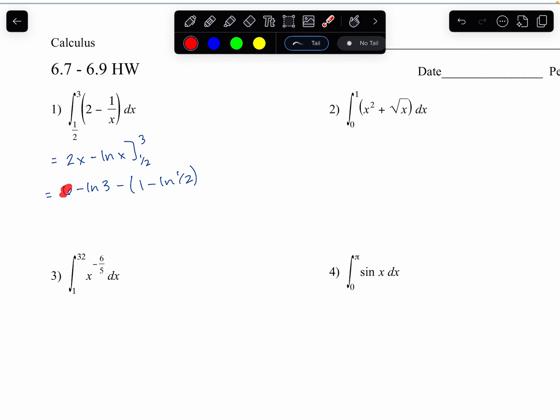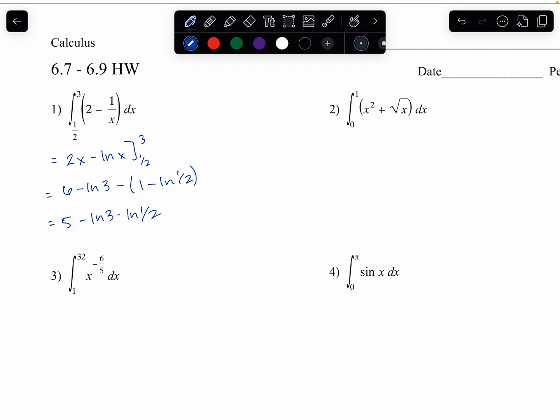So 6 minus 1 is equal to 5, and then minus the natural log of 3 minus the natural log of 1/2. I would really like to simplify this right here, but I think you guys would freak out. So I'll leave it, but it just bothers me, but whatever.